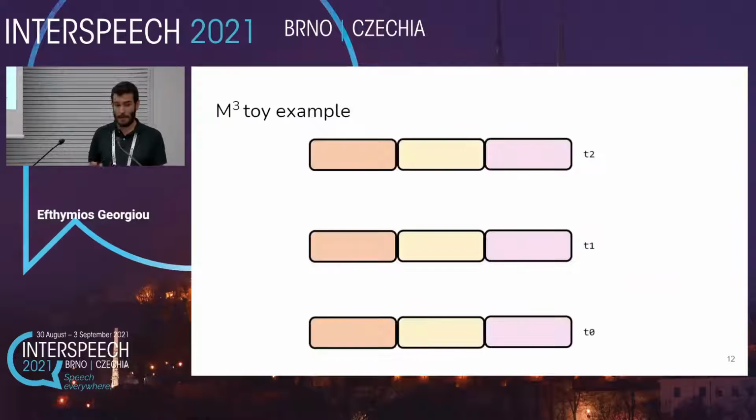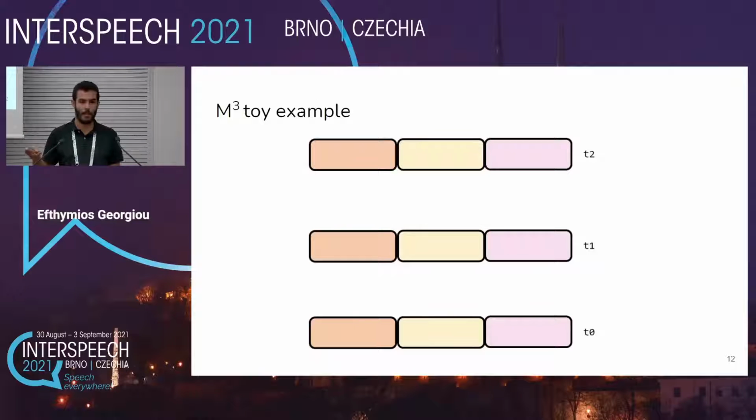Let us describe how M3 works in a toy example. We are given this multimodal sequence of 3 time steps. M3 will decide at every time step whether it is going to mask or not. If it decides to mask, it then decides which of the involved modalities is going to be masked. At the first time step, M3 decides to mask the central modality.